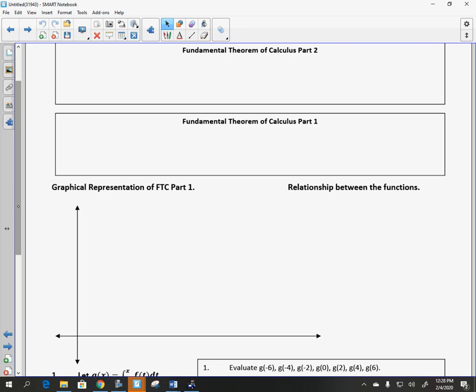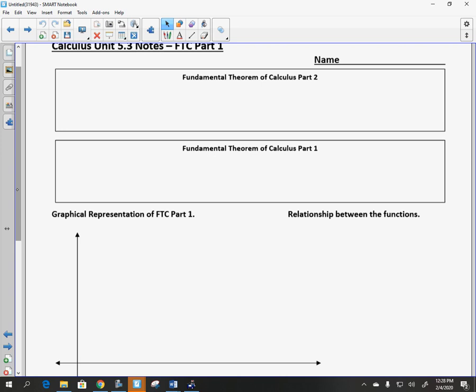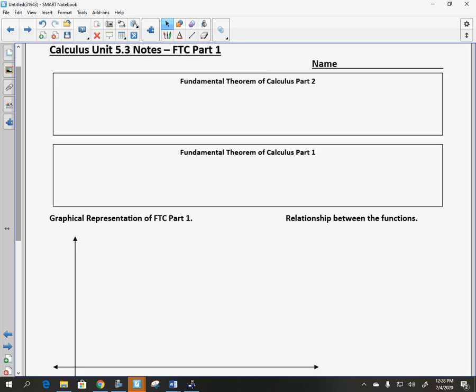Okay, today you learn the fundamental theorem of calculus part 1. First, let's talk about part 2, because that's what we've already learned. Integral a to b of f of x dx is equal to, everybody remember what we did?